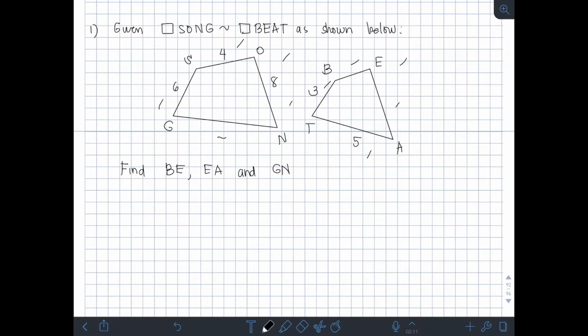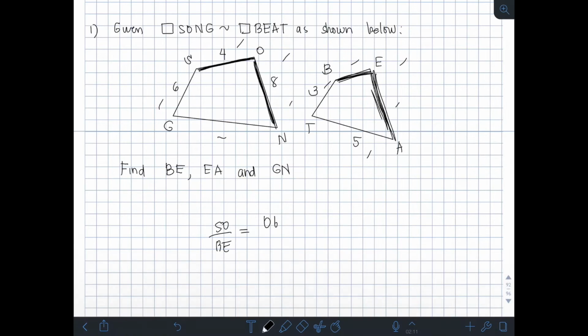So, apply natin yung property ng similar polygons na corresponding sides are proportional. So, pag sinulat natin yung proportionality equations, meron tayong ratio ng corresponding sides na SO over BE. Right? So, SO over BE should be equal to the ratio, this time, another corresponding sides. Let's say ON and EA.